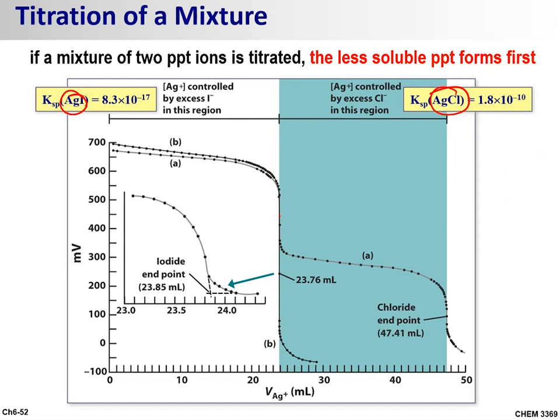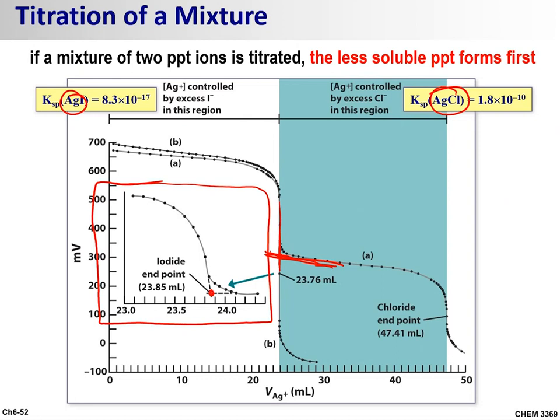This inset actually shows how to estimate the volume at the endpoint. We need to extend this vertical line and extend this horizontal line and read the volume where these two lines cross.